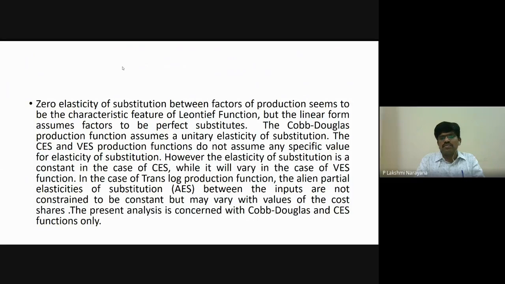In the case of translog production function, the partial elasticities of substitution between the inputs are not constrained to be constant, but may vary with the values of the inputs. The present analysis is concerned with Cobb-Douglas and CES function.